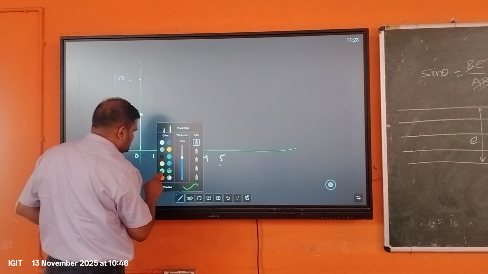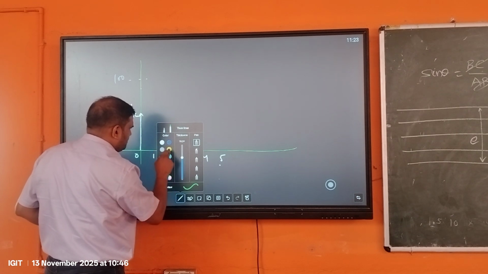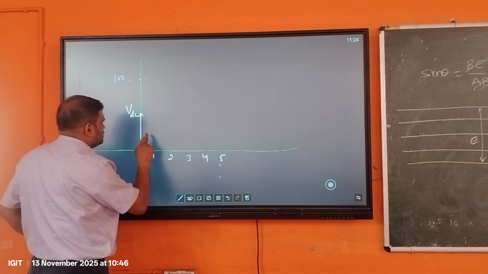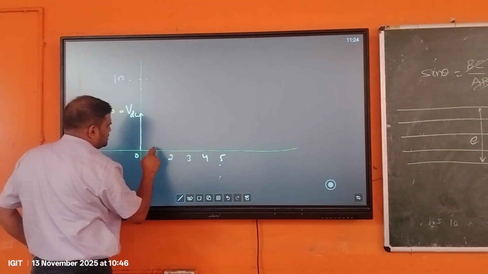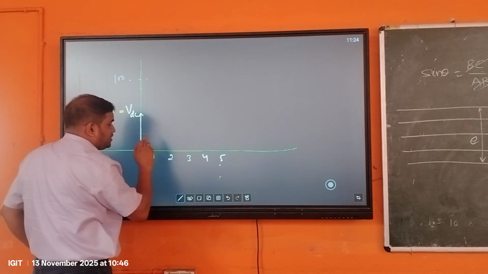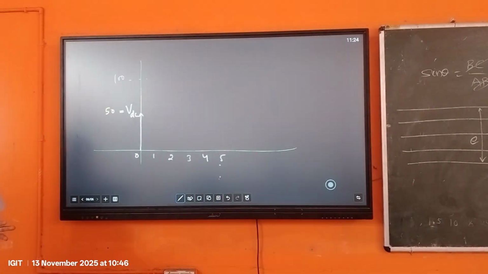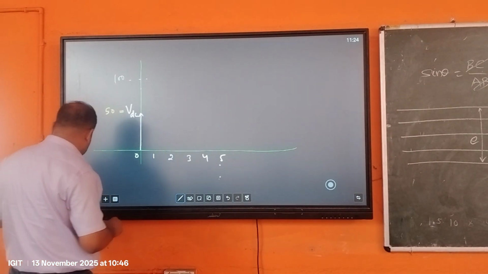And the fundamental one is coming around, if this value is coming around 50, this one is coming around, here you will not write the RMS value because this represents the peak values. So the peak value was how much?